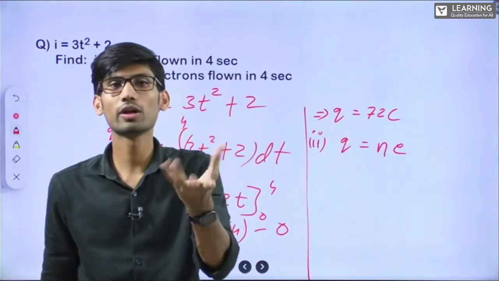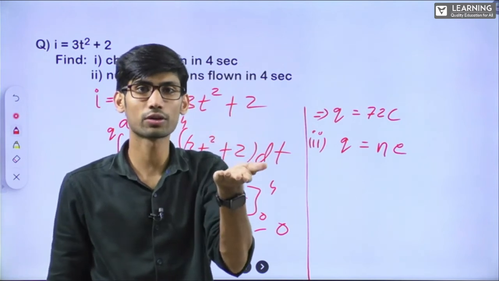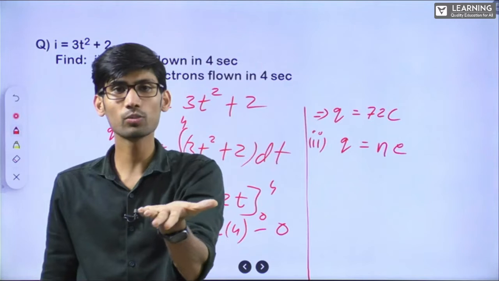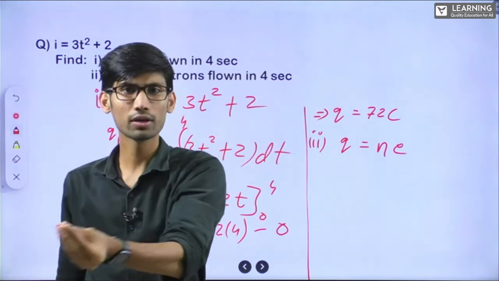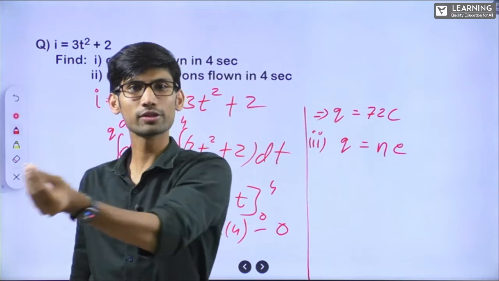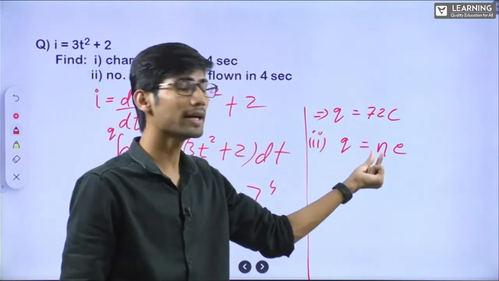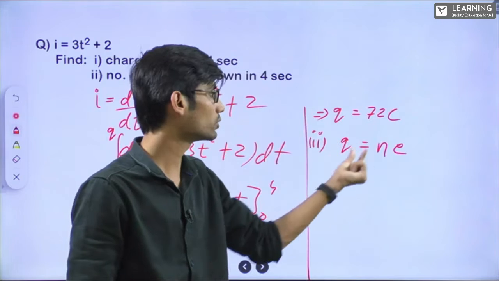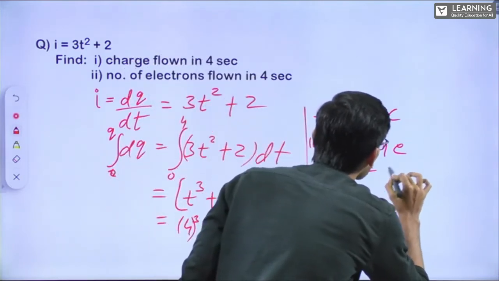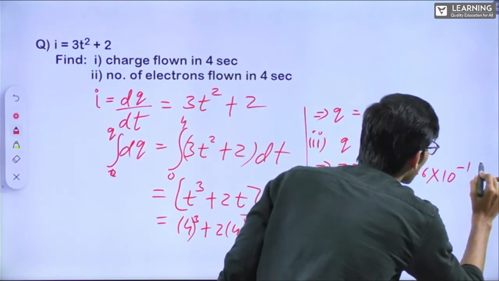If 2 electrons are there, how much is the charge in 2 electrons? 2 into charge of 1 electron, 2e. 5 electrons, 5e. 10 electrons, 10e, that is 10 into 1.6 into 10 power minus 19 Coulomb, correct? Let's say n electrons are there, so Q is equal to Ne. Q is given to be 72, that is equal to n into 1.6 into 10 power minus 19.